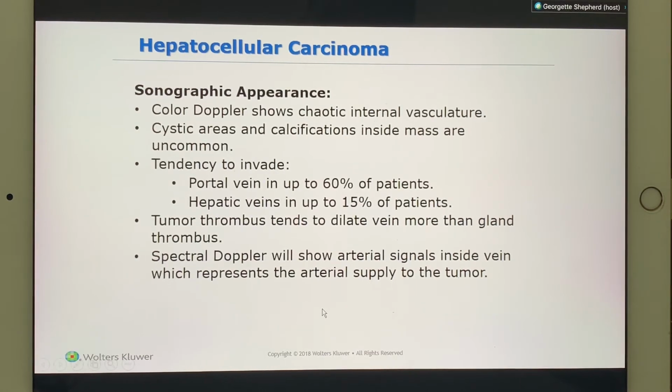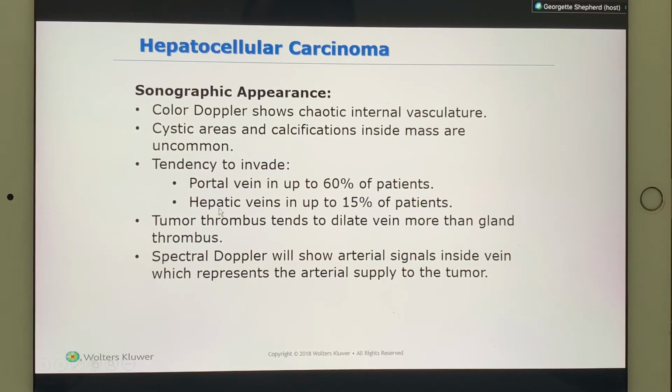Tumor thrombosis tends to dilate the vein more than bland thrombus. Remember, if you have hepatic vein thrombus, then you have Budd-Chiari. So not only do you have HCC, you also have Budd-Chiari.